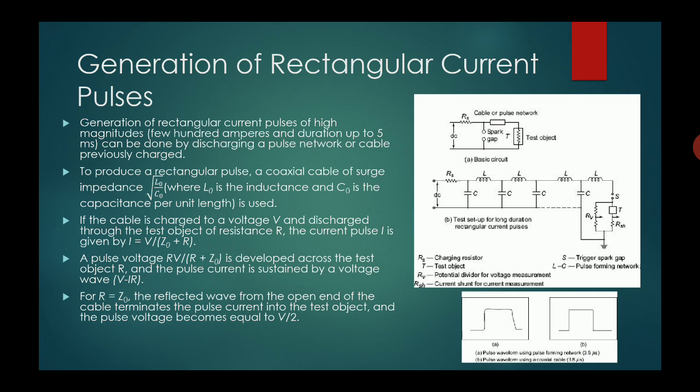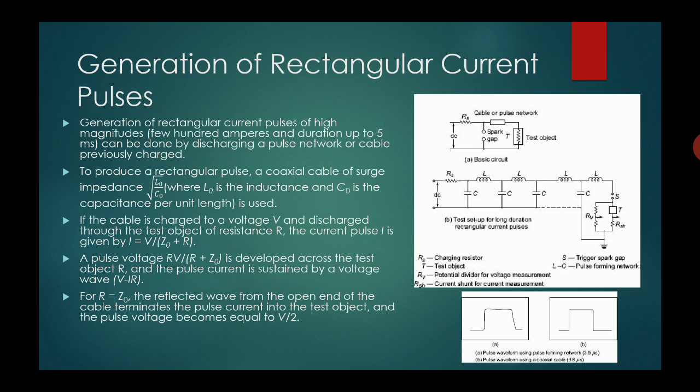Now let us understand what is going on here. We have a pulse creating circuit, and this circuit has a surge impedance, √(L0/C0). When this cable is charged and then discharged, we have a current given by V divided by the resistance R added to the surge impedance.